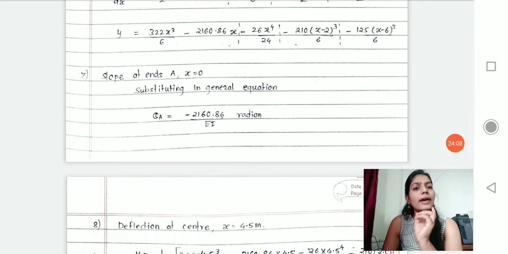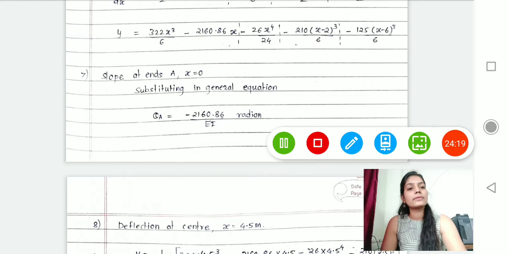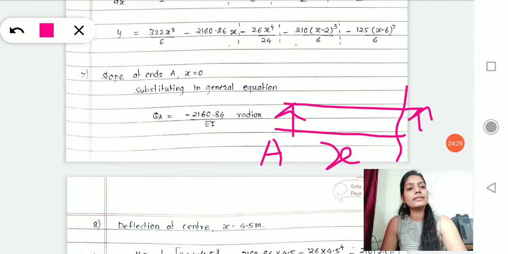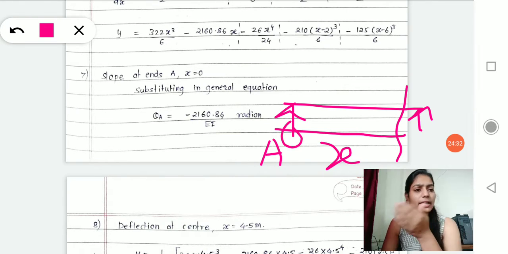They have asked us for the slope at end support A, and the slope at end support B you can also calculate. How to calculate the slope at end support A? See here, this is my beam, and in this beam I am calculating the slope at support A. I have taken a section X, and X is 0 at A because it has not yet travelled any distance.